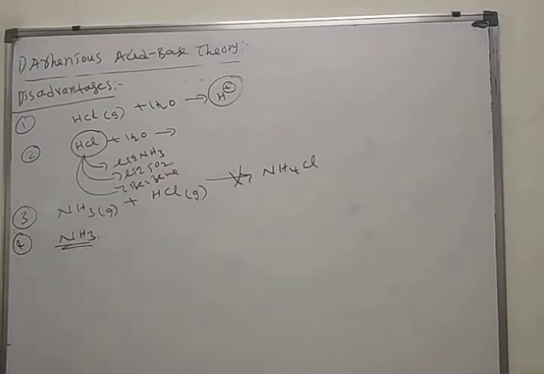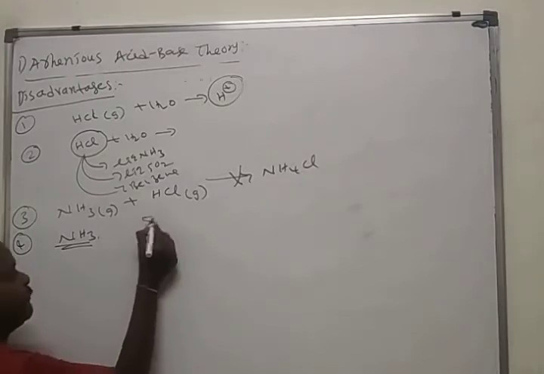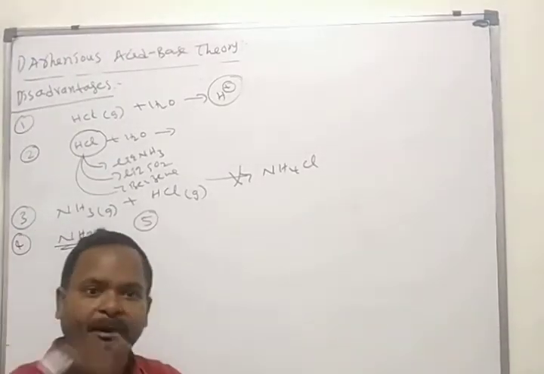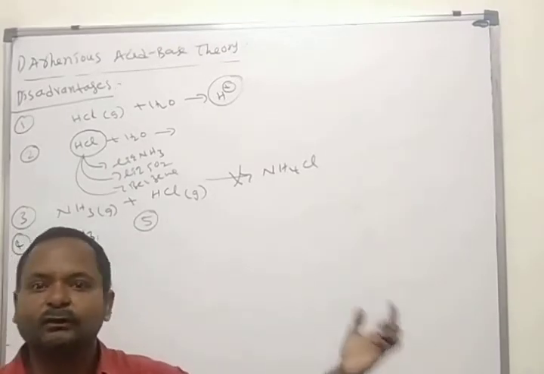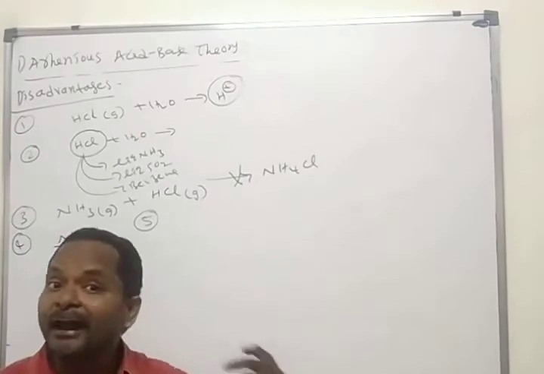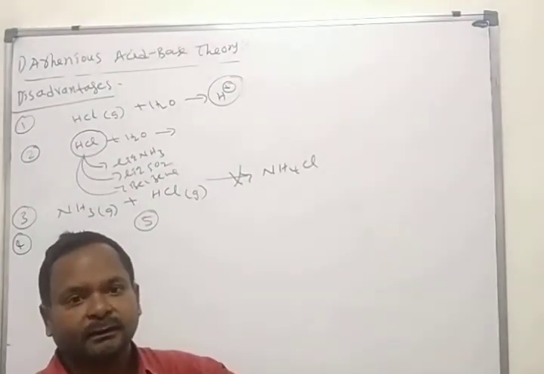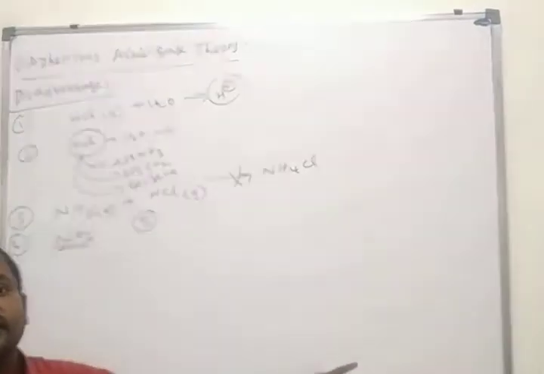It fails to explain the basic nature of ammonia. And in conclusion, one more. Here, when we add a base or acid into water, they can dissociate. Why can they dissociate? How can they dissociate?